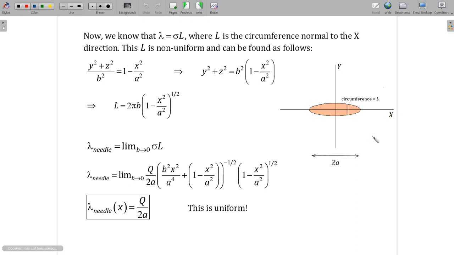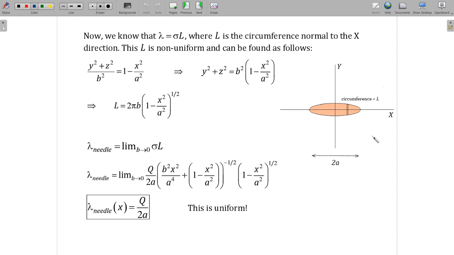So for the circular strip that I produce by cutting it by two planes which are very close together, the surface charge density over all points on that circular strip will be the same because they lie at the same x coordinate. So the sigma will be the same.